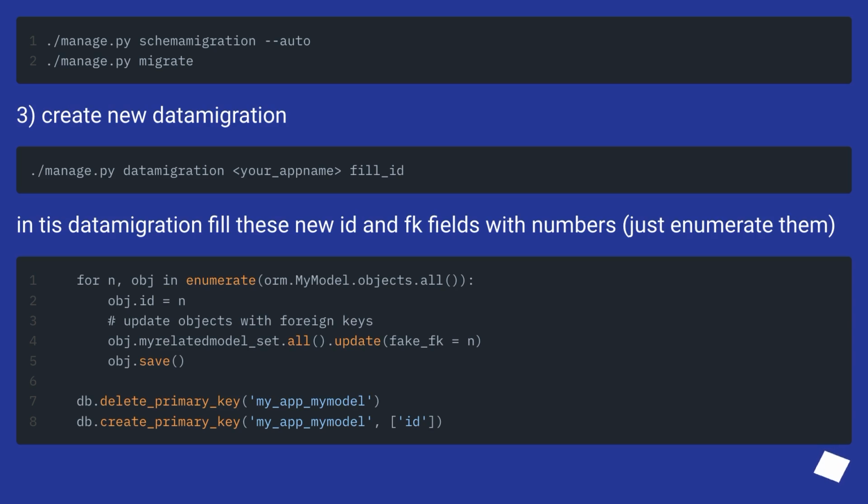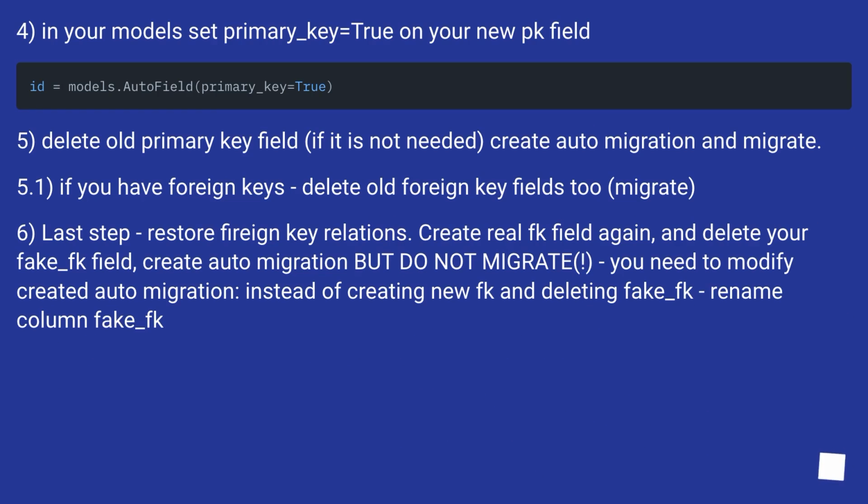3. Create new data migration. In this data migration, fill these new ID and FK fields with numbers. Just enumerate them. 4.